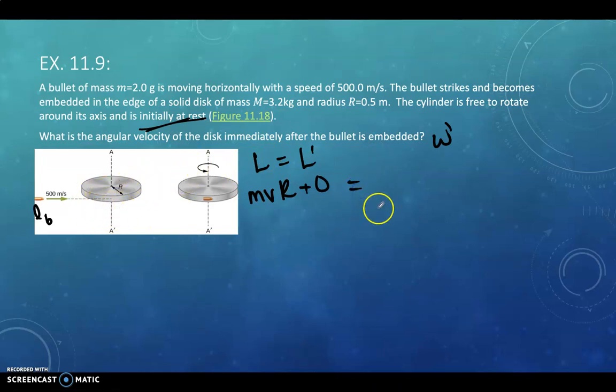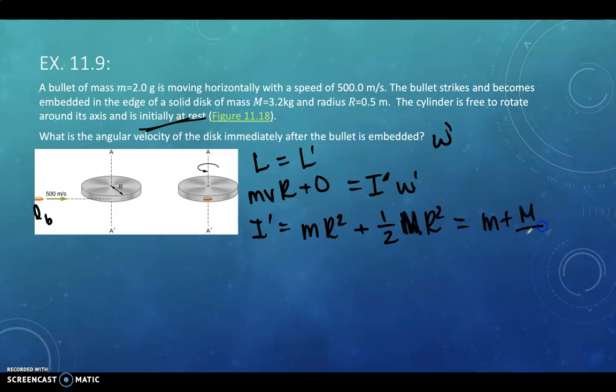And then after, we will need to calculate some I prime for omega prime. So our I prime is going to be m r squared for the bullet, so it acts as a point, plus 1/2 big M r squared, or we can say m plus capital M over 2 times r squared.